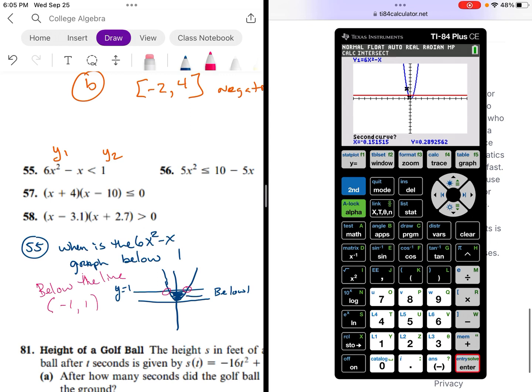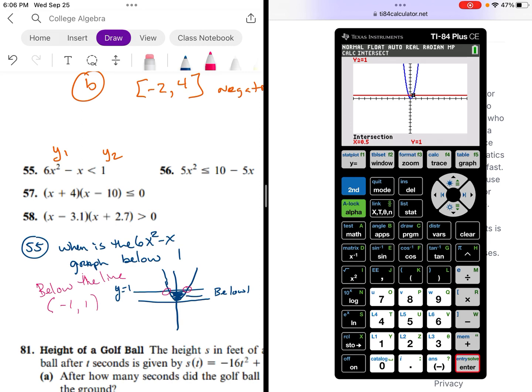All right, my calculator's not cooperating here. All right, there we go.